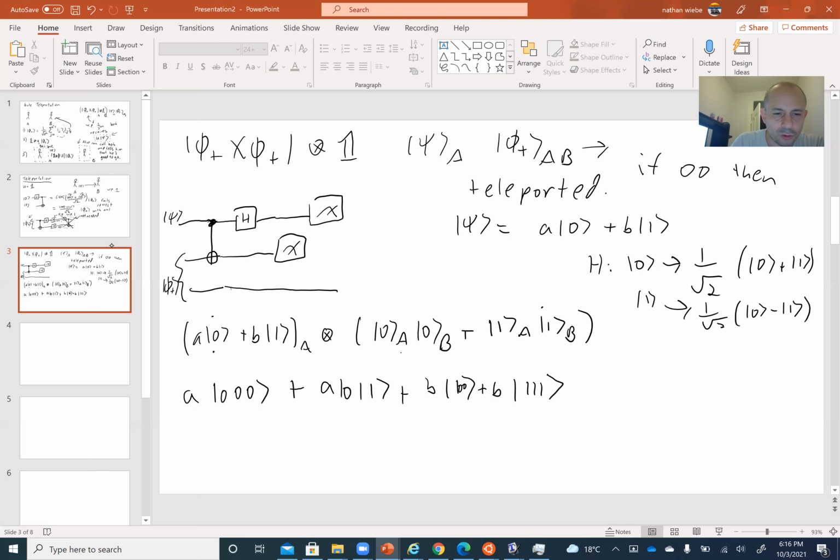Okay, now we do a controlled NOT operation. It doesn't do anything for the first two terms, but it actually will end up changing the last two. It'll create 1, 1, 0 and 1, 0, 1, because the control NOT is between the first and the second, or the leftmost and the center qubit, using this kind of standard correspondence between them.